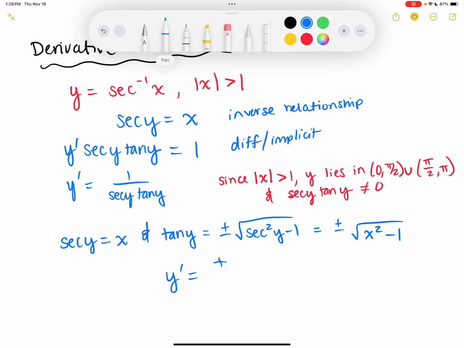Okay. Plus or minus 1 over x times the square root of x squared minus 1. So we still had secant of y on the bottom, which is what x is, and then we used this manipulated stuff for tangent to get this part. Okay. So secant of y is x, tangent of y is the square root of x squared minus 1.